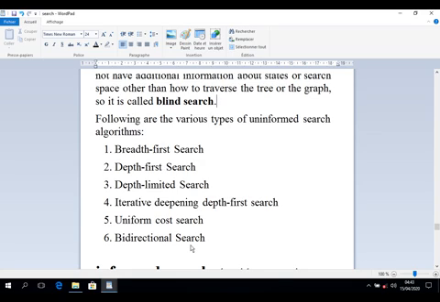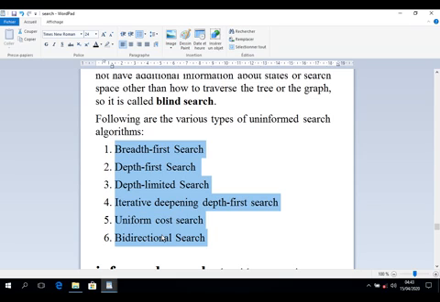That is why it is called the blind search. Is it okay? Blind search. So, don't have any additional knowledge about the search space.